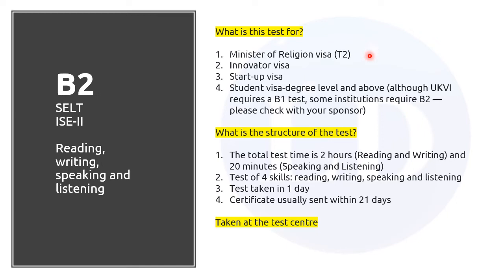For example, people who are religious figures like imams of mosques, or popes, or the religious leader in Gurdwara or temples. If they have to come from outside the UK, they have to have a Minister of Religion visa, which is tier 2, and they must do B2, this one, with all 4 skills.